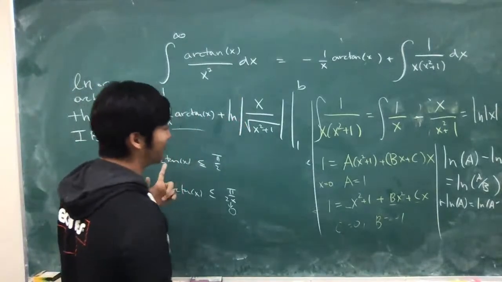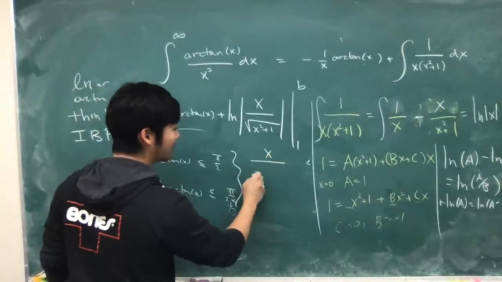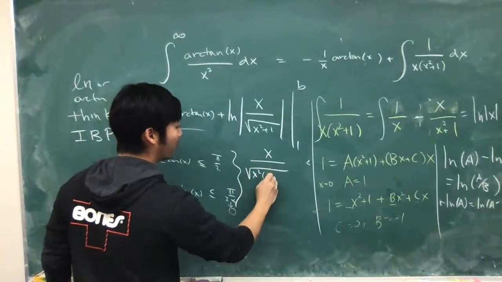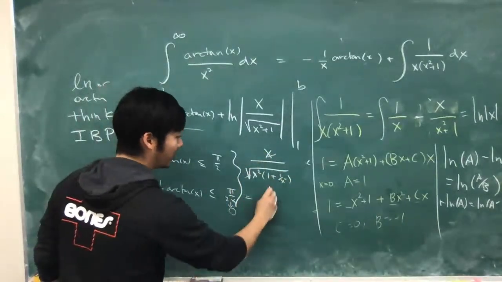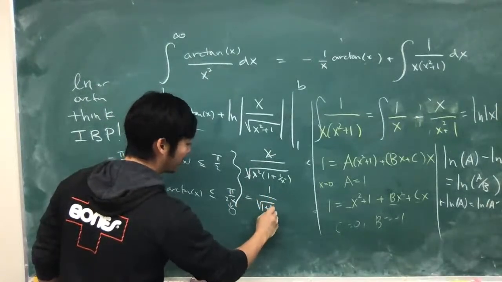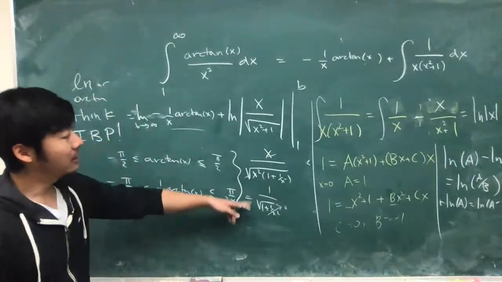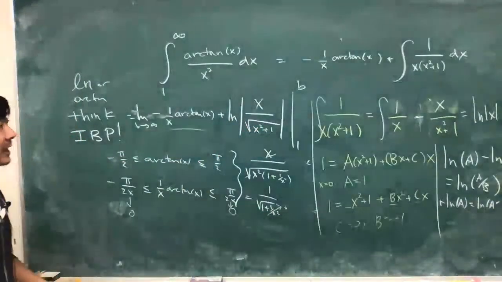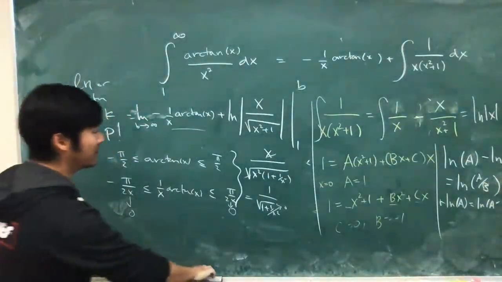Or you could alternatively do this. You can factor out an x squared from the 1 and 1 over x squared. So then these cancel, and you end up with 1 over root of 1 plus 1 over x squared. As x goes to infinity, this goes to 0, so it goes to 1. So natural log of 1 is 0. So actually, in the infinite limit, all that goes to 0.